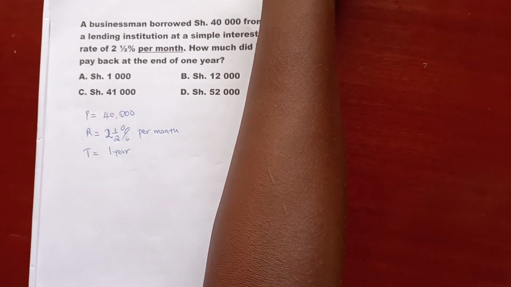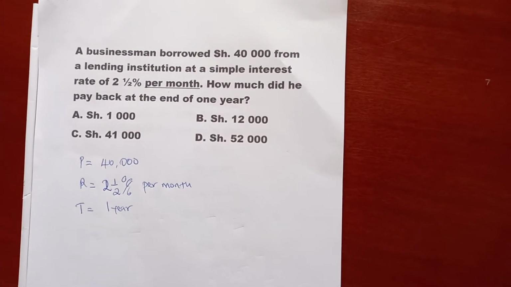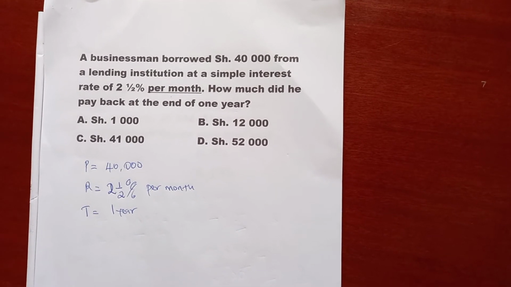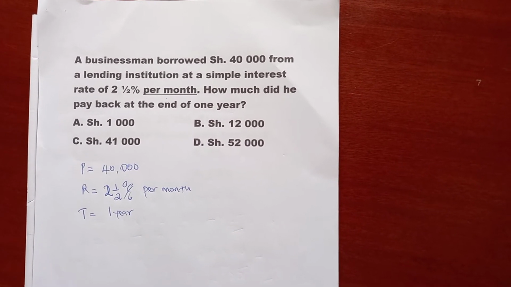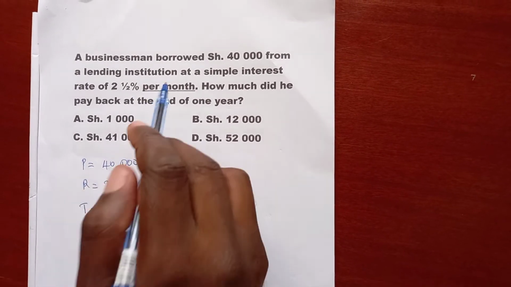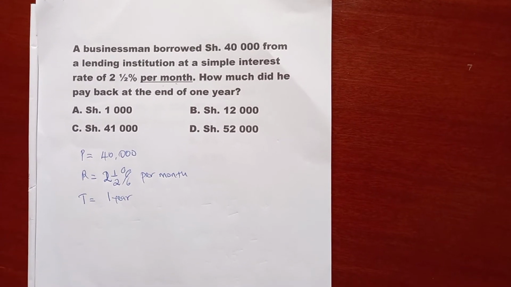The next question is similar to the one we have done. A businessman borrowed shillings 40,000 from a lending institution at a simple rate of 2.5% per month. Again, per month. How much did he pay back at the end of 1 year?